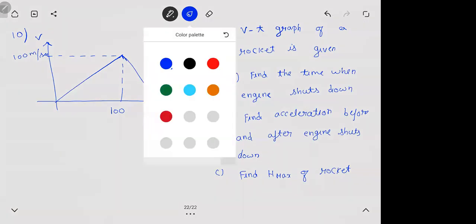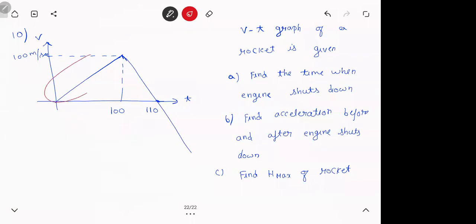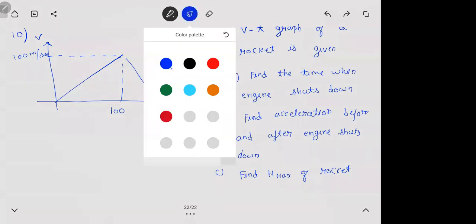Are you getting it? When is the speed increasing? Speed is increasing here, no? Once the rocket shuts down, what will happen? Speed will decrease, and after that it goes negative. So when did the engine get shut down? 100, right? That is the explanation. Answer is right, you know. It's like what I say, operation failed but patient survived.